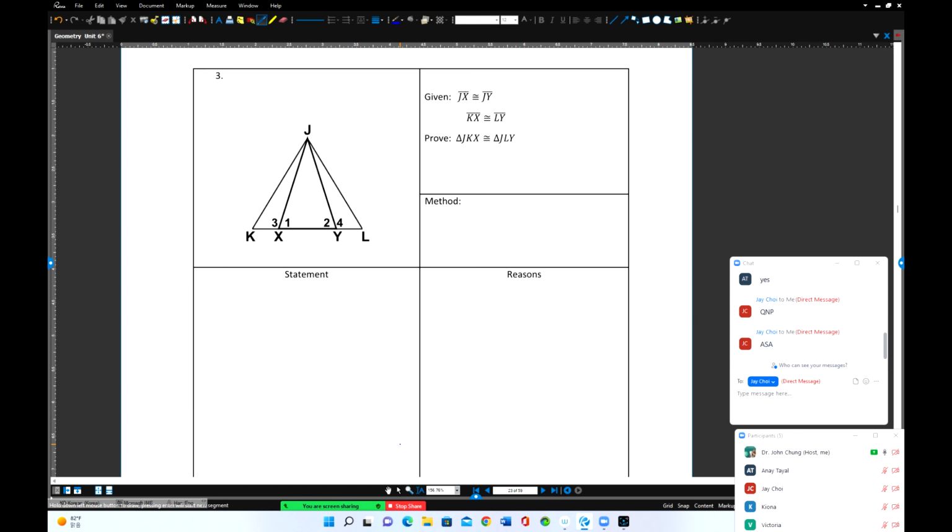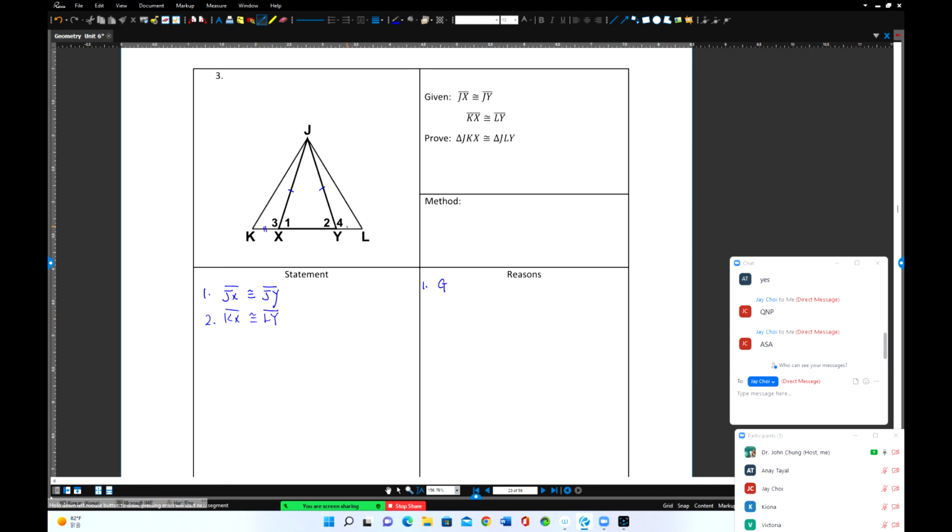JX is congruent to JY. That's the given. The second one is KX congruent to LY.